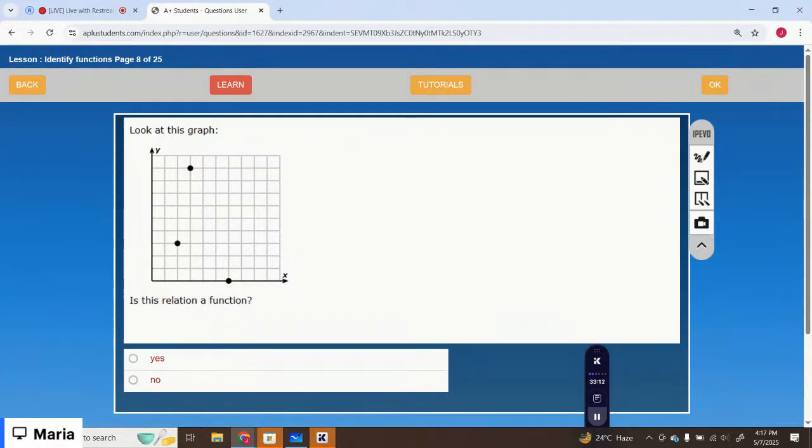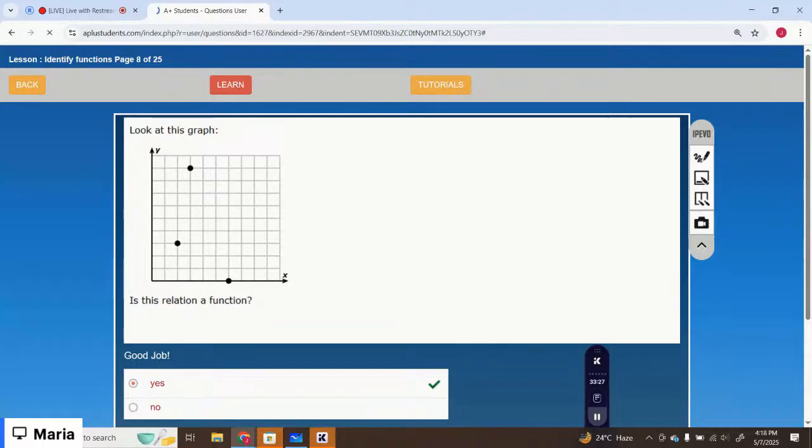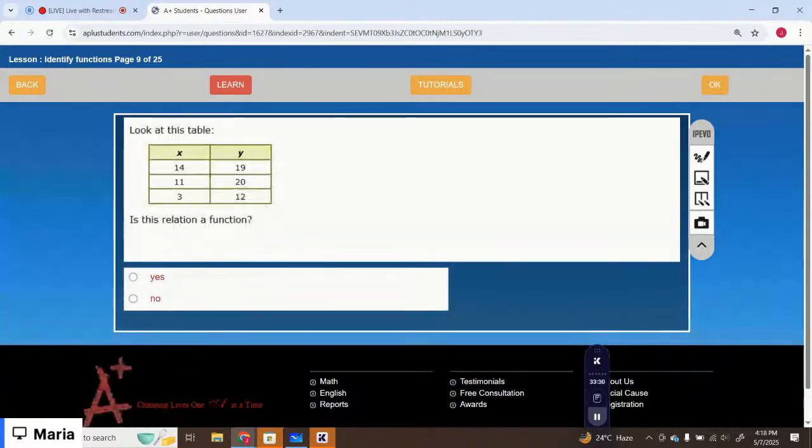Is this relation a function? Yes, it is a function. Is this relation a function?